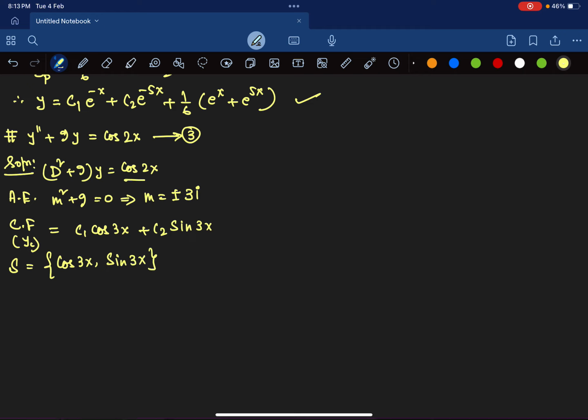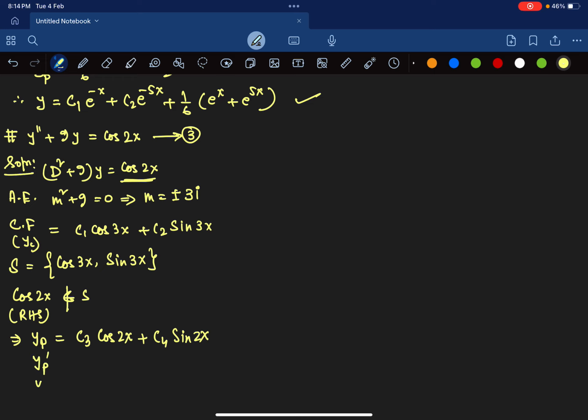You can see the right hand part cos 2x does not belong to S. So immediately you will take yp is equal to c3 cos 2x plus c4 sin 2x.